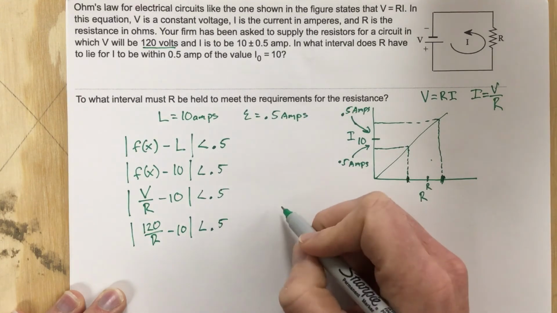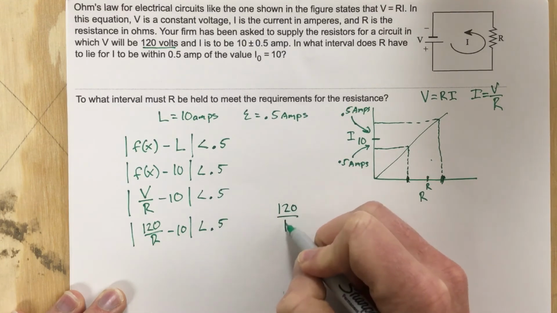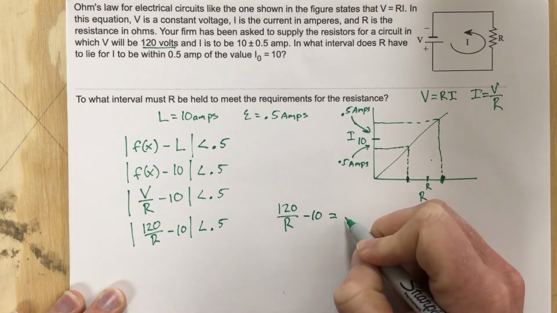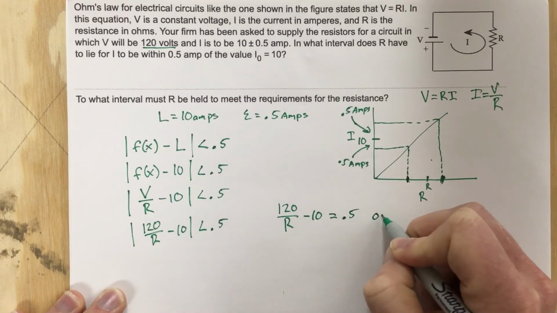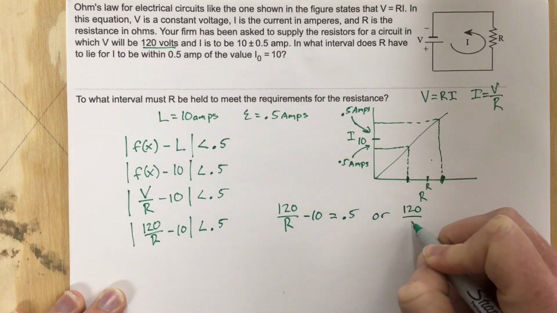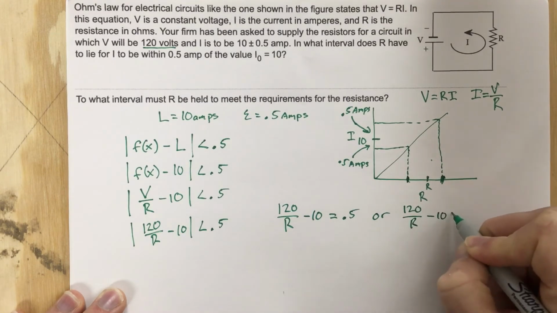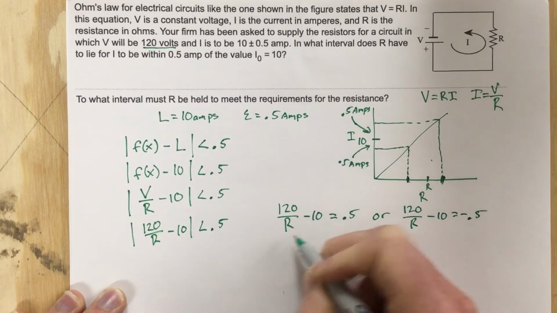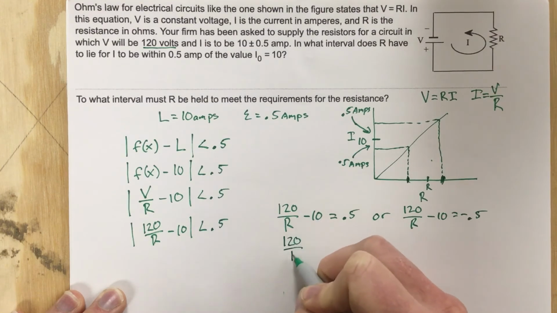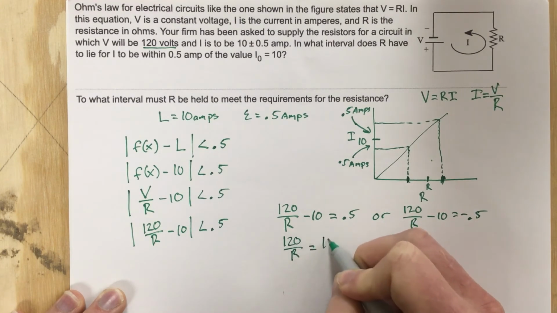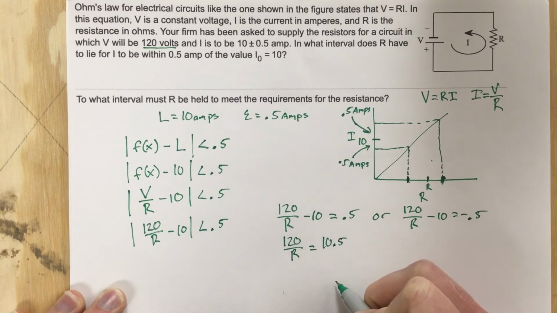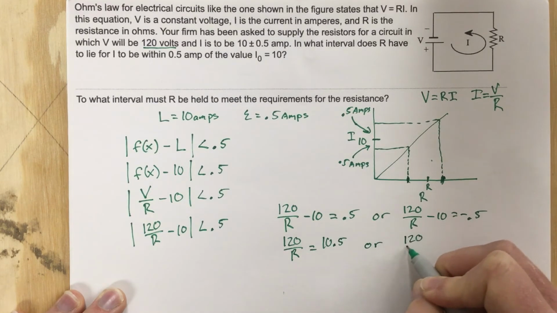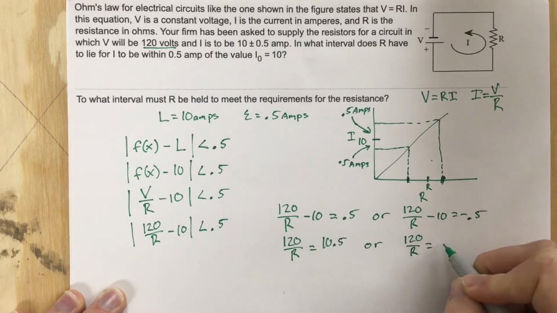So we're going to say that 120 over R minus 10 equals 0.5, or 120 over R minus 10 equals negative 0.5. Add the 10 over, we get 120 over R equals 10.5, or when we do the same thing over here, we get 120 over R equals 9.5.